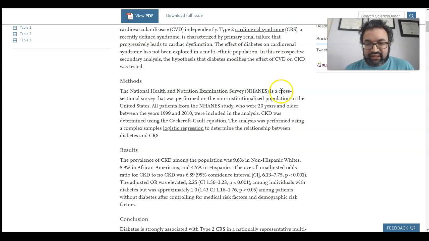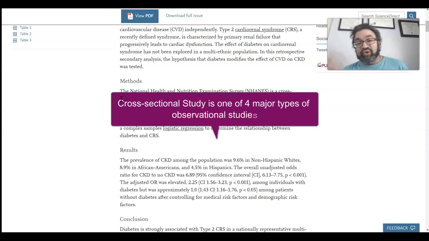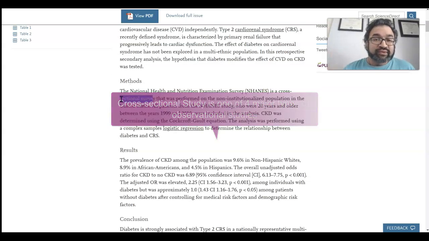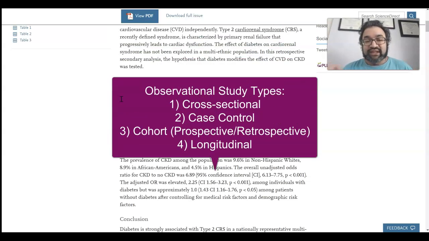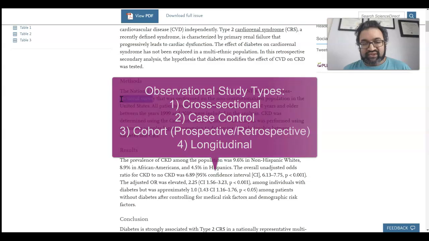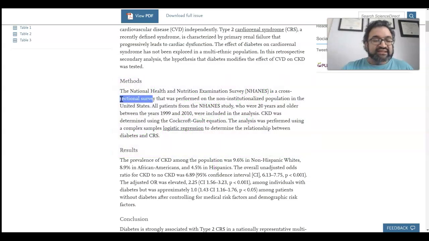In the next part, we write that it is a cross-sectional study. That means that both the effector variable and the outcome variable were measured at the same time. And so this is on a broad level how this works.